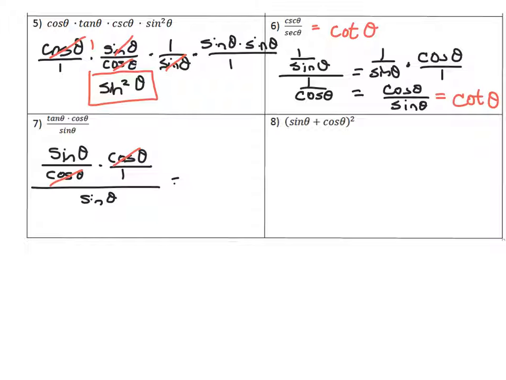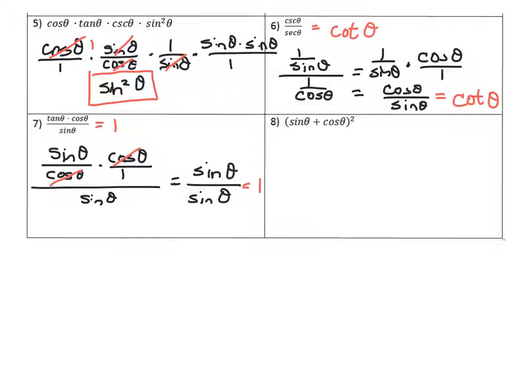So in the numerator, I now just have sine of theta over 1, which is sine of theta. In the denominator, I have sine of theta. So sine of theta divided by sine of theta is just equal to 1. So this whole big complicated expression really always has a value of 1 regardless of what the angle is.